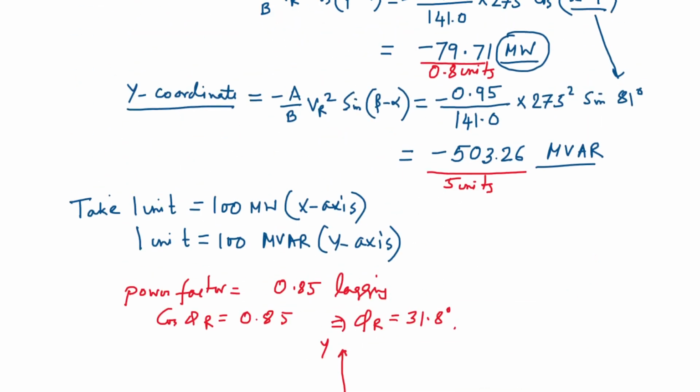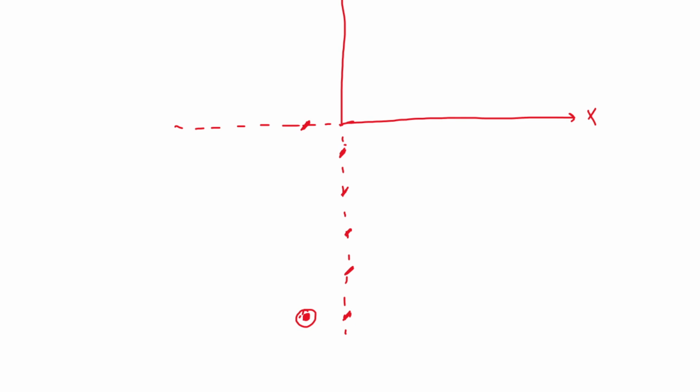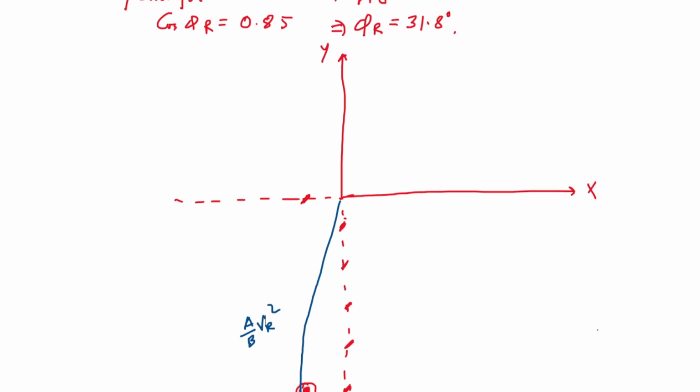It is the x coordinate, that means 0.8 unit, and the y coordinate is 5 units. So the center of the circle is roughly located around here, and this is the phasor that represents A by B VR square.